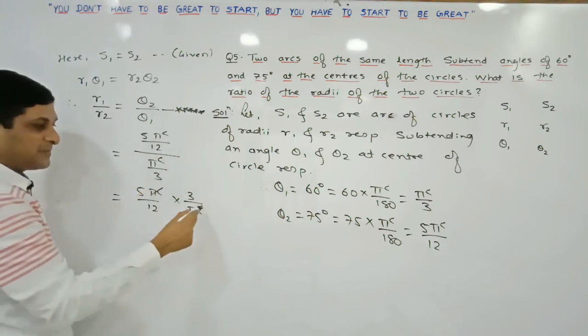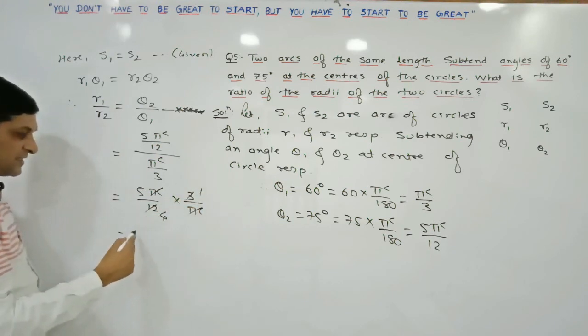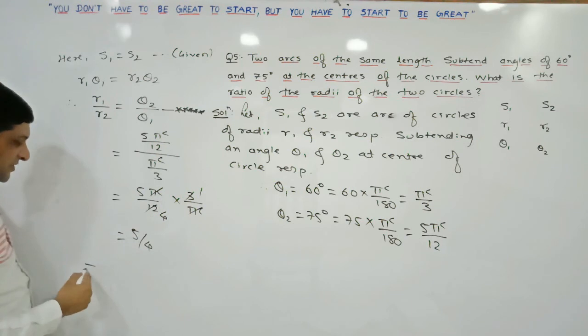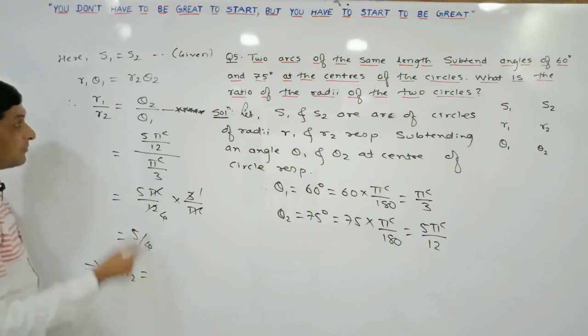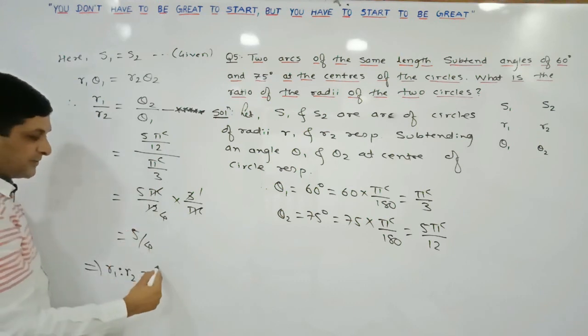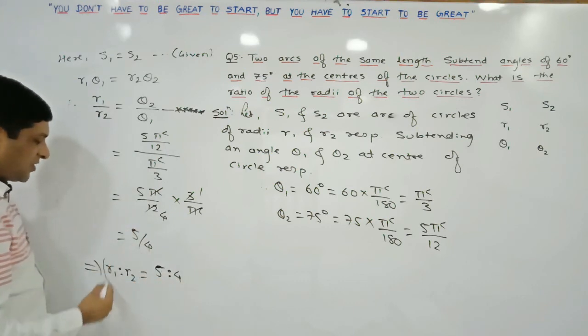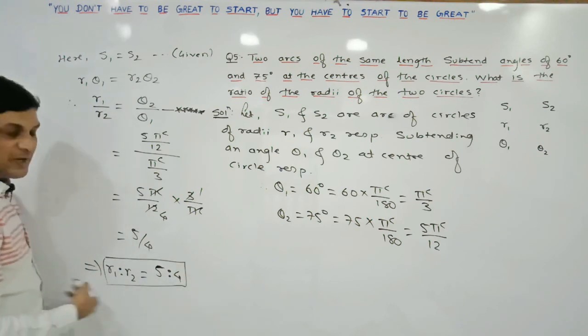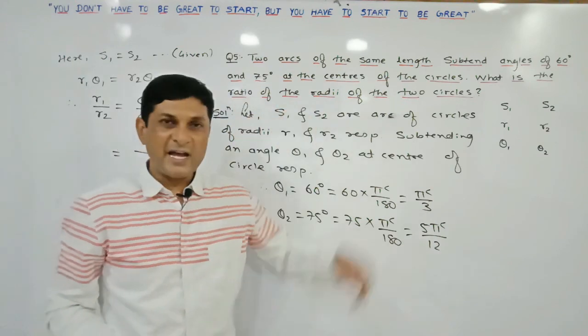Here pi radian will get cancelled, 3 1s are 3 and 3 4s are 12. So what result have we got? 5 by 4. So R1 is to R2, the ratio of the radii, is equal to 5 is to 4. In this way we have got our required answer, the ratio of the radii of the two circles.